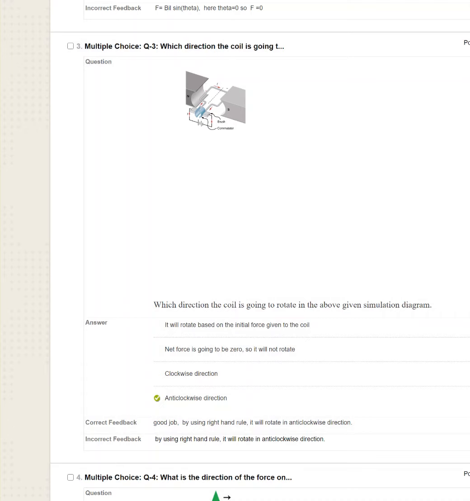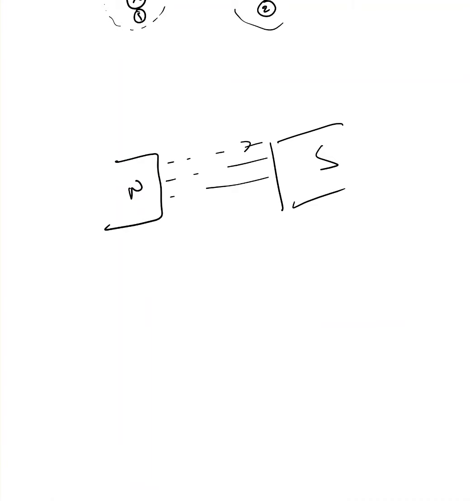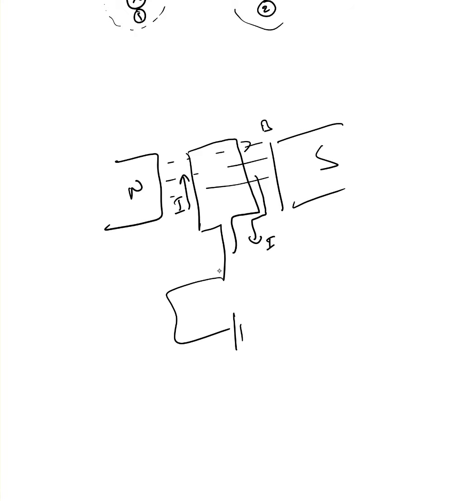So for this, you have a north pole and south pole. That's the magnetic field direction. And here is a coil. In this coil, I said current is going up, and here current is coming down, because basically this is connected through slip rings or commutator to a battery in that direction.